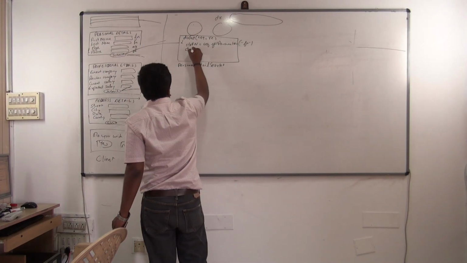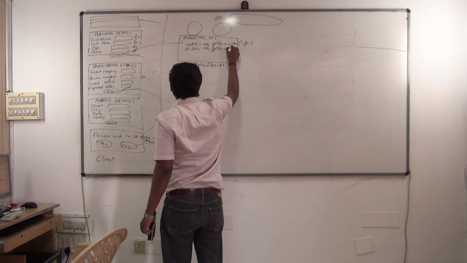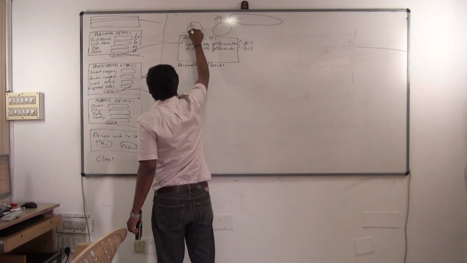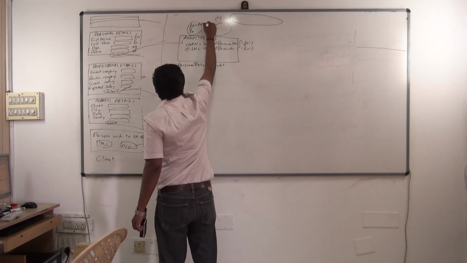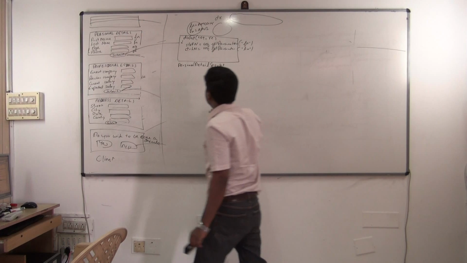Similarly str last name, request.getParameter of last name. I'm showing only two values because I don't have space. Fn is there, ln is there. Fn was what? Amog. Last name was what? Ravi.